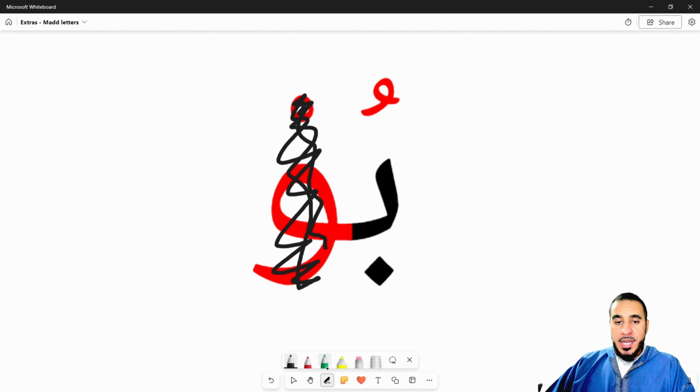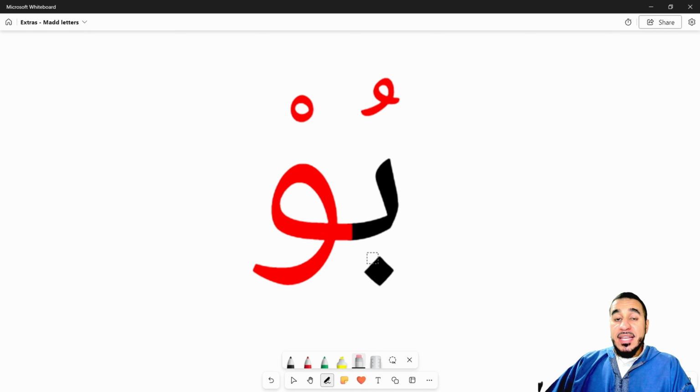But as soon as we attach a waw with a sukoon above it, it becomes buu. All it's doing is extending the sound of the dhamma. So it went from bu to buu.